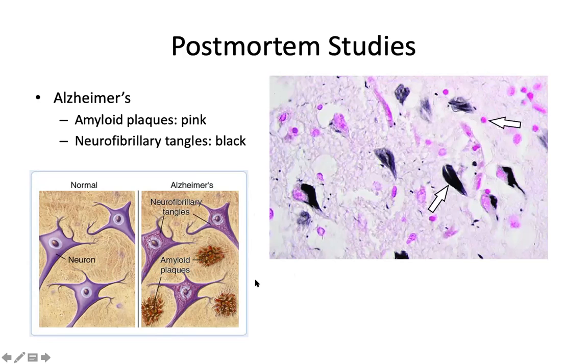And then also these neurofibrillary tangles, which in this cartoony depiction are these purple structures that have these extensions that are really fine, and they are very easily tangled up on one another.